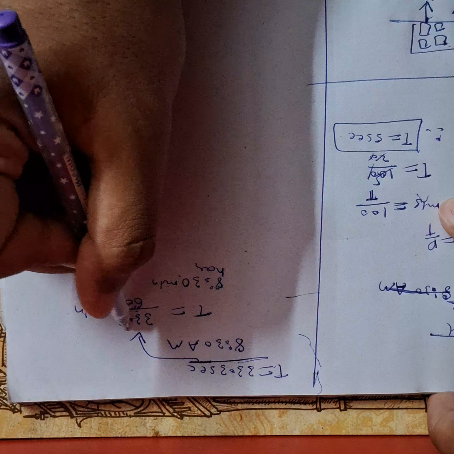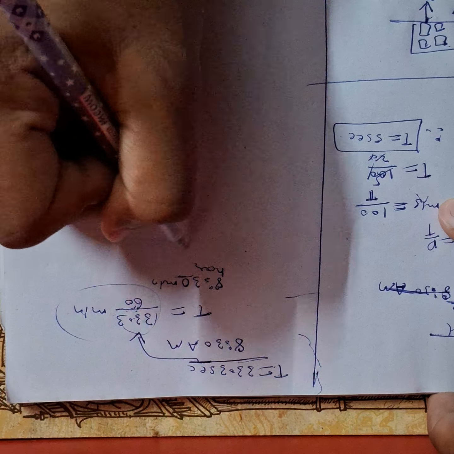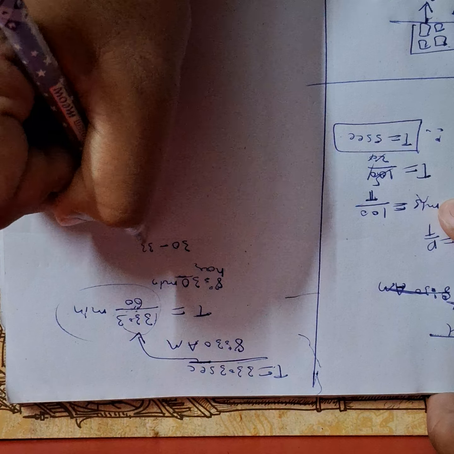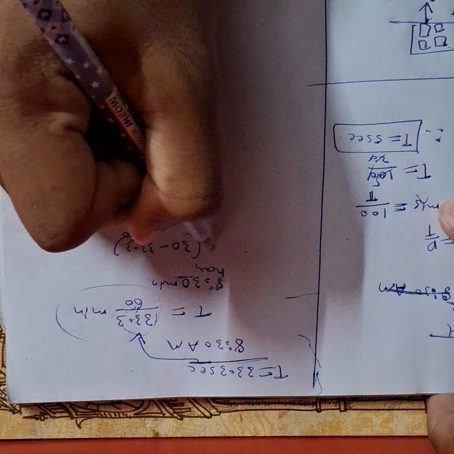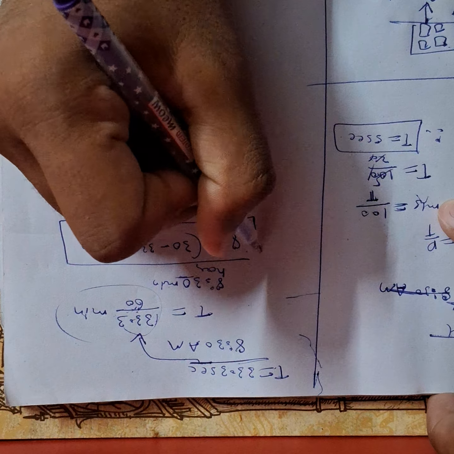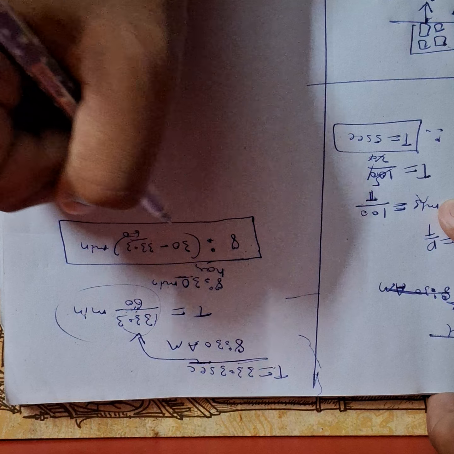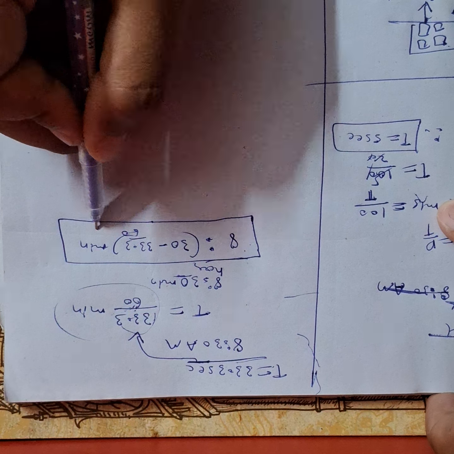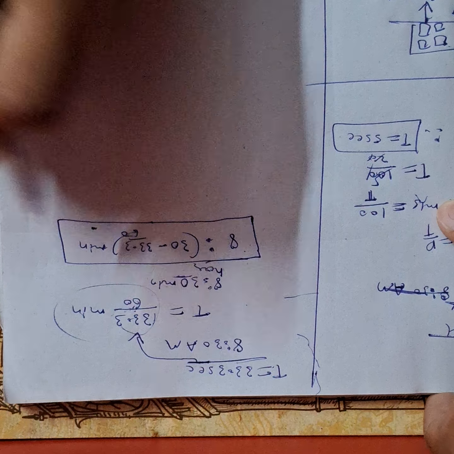You just have to remove these minutes from here. 30 minus 33.3 by 60. This is the maximum time he can start from the point A to reach his school without being late. Okay.